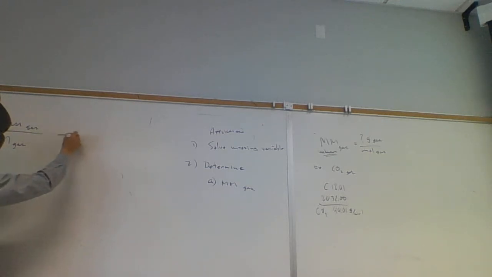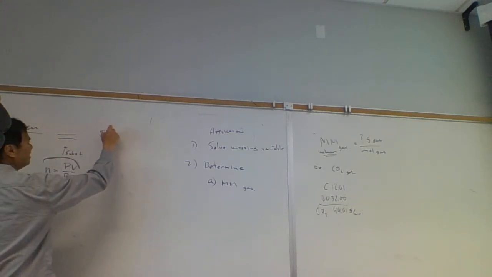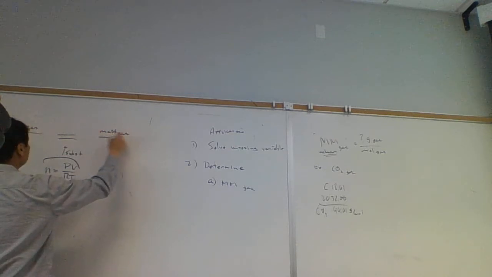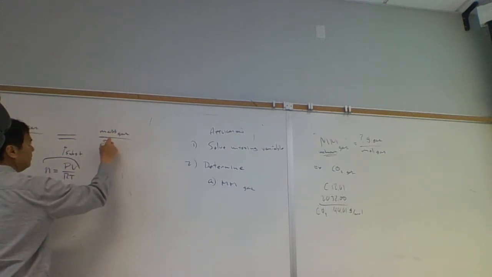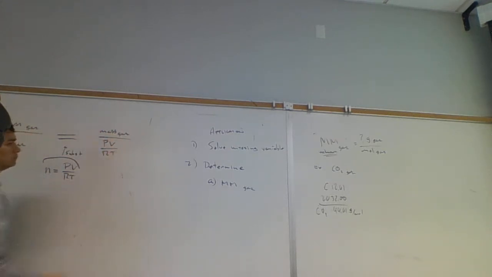And then what we're going to do is use the ideal gas law. If we solve the ideal gas law for N, we get N is equal to PV over RT. So I'm just rearranging the ideal gas law, and then I'm going to substitute this in here. If I substitute that in there, I get the mass of gas divided by PV over RT.